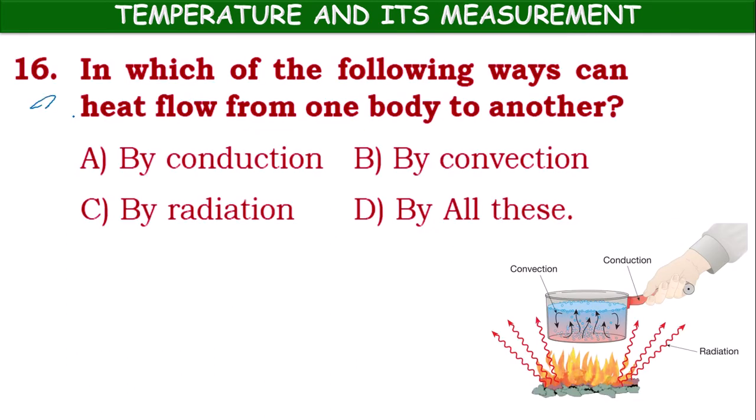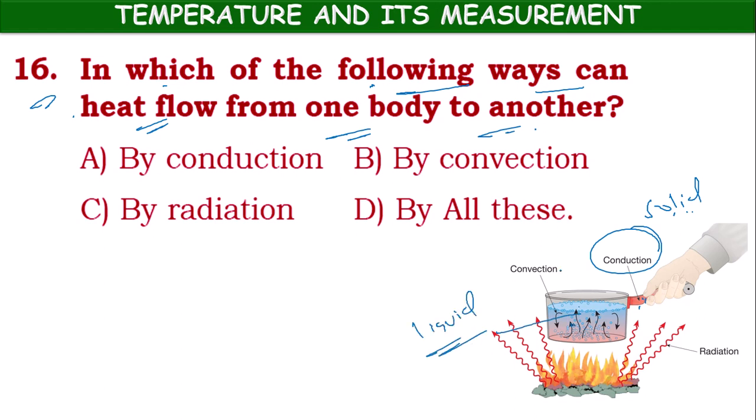Next, 16th. In which of the following ways does heat flow from one body to another? So here a handle is a solid. We can observe heat transfer in solids through conduction. Here this liquid, we can observe heat transfer in liquids through convection.